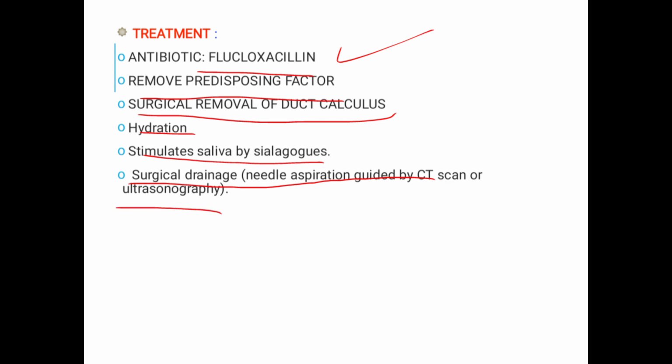So always remember: if there is infection, give antibiotics. Number one, remove the predisposing factor. Do hydration, increase the salivary flow, do drainage, and do surgical removal of the ductal calculus.